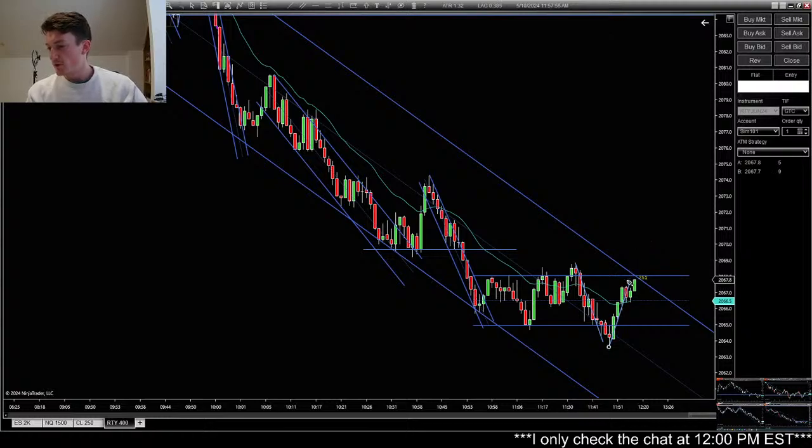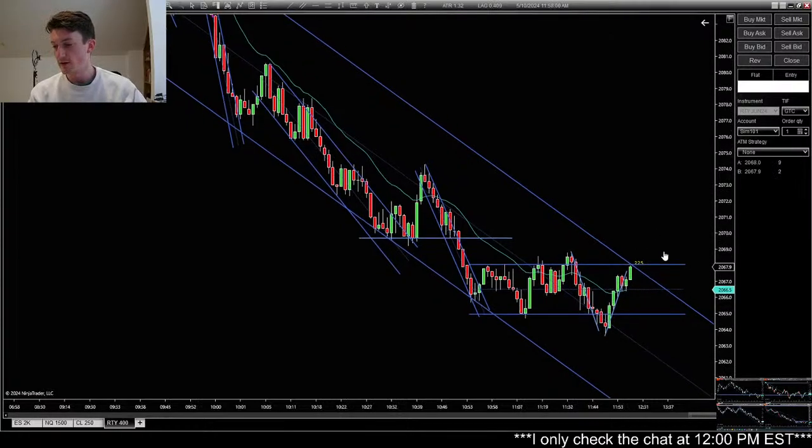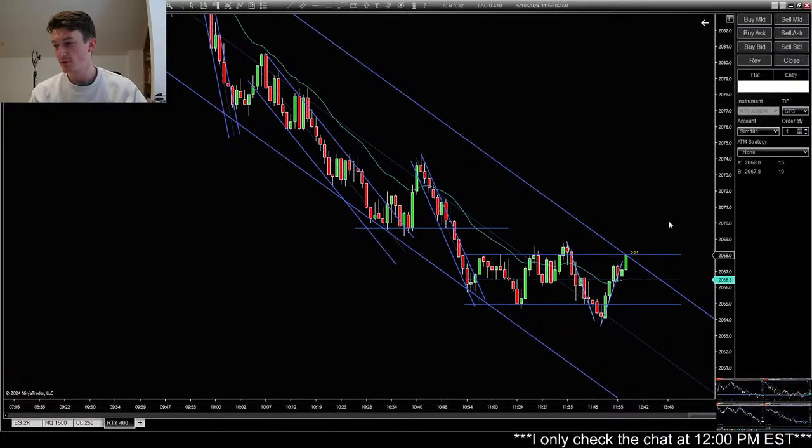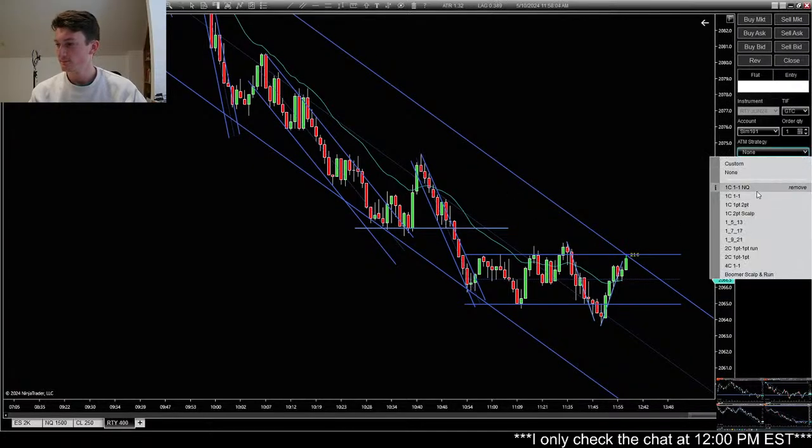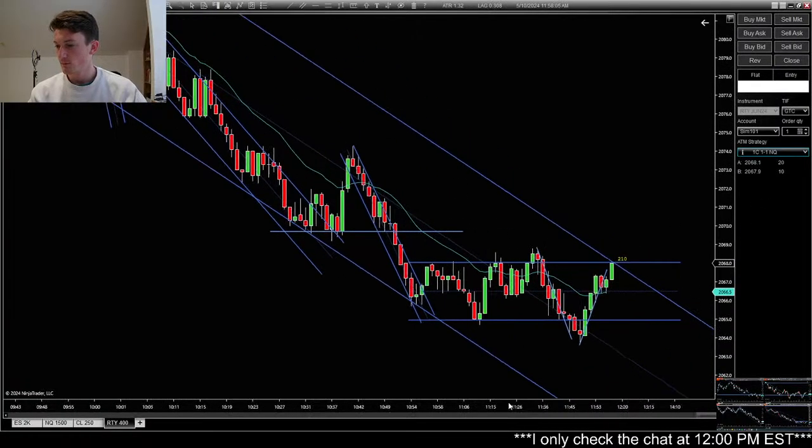Could be a trade on the RTY setting up, as there are these two legs up, getting close to this trend line. Want to see some rejection there.